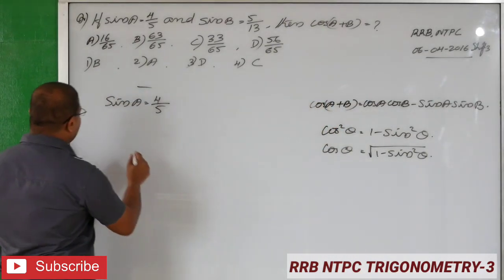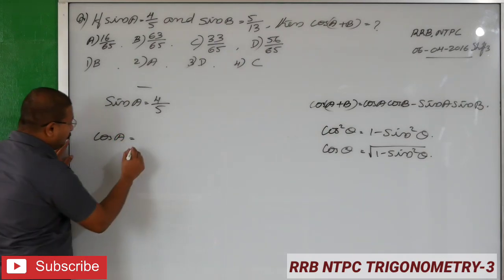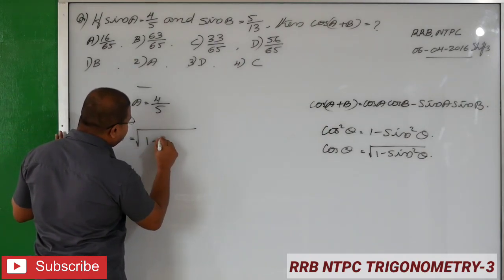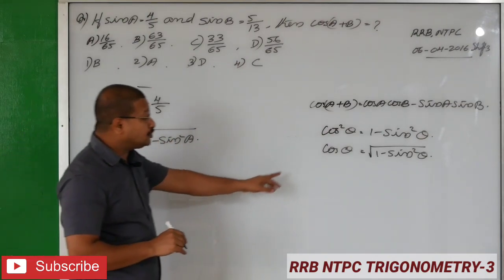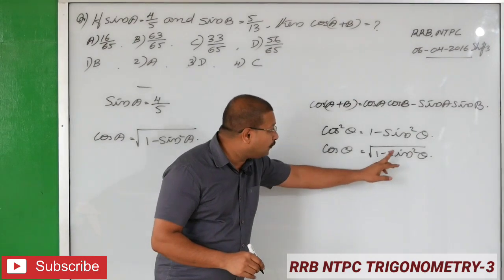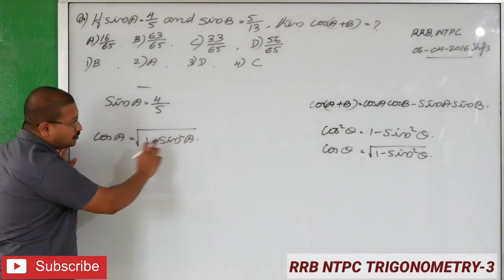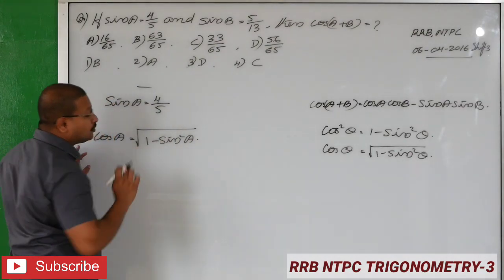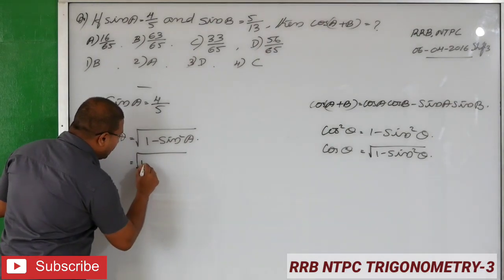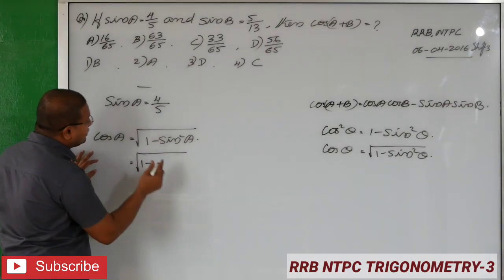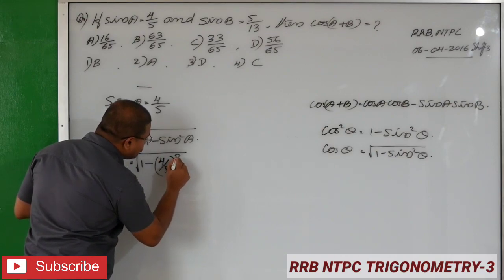That means cos A equals root of 1 minus sin² A. I hope you can understand. Sin A is 4/5.